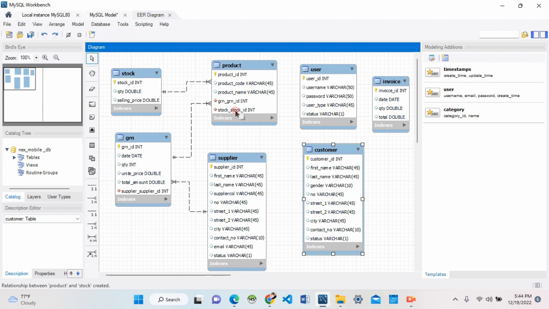A product can be bought by many customers, and many customers can buy many products.